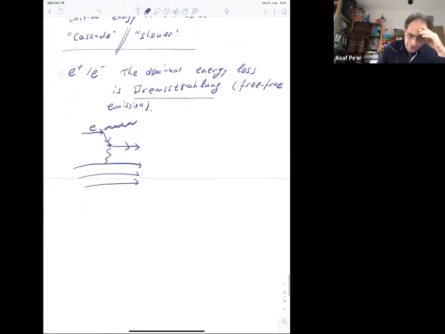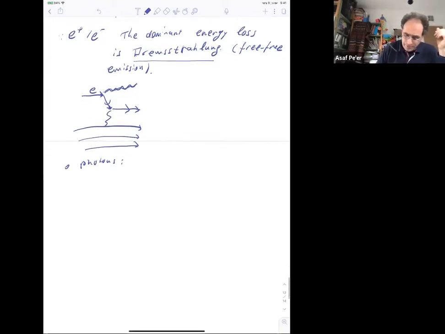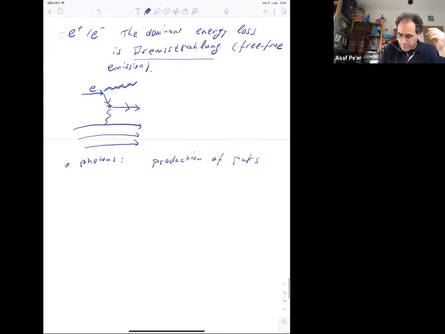For the photons, the dominant energy loss will be production of pairs. So you have a production of pairs with nucleus. We have a photon, and we could think of it like that.